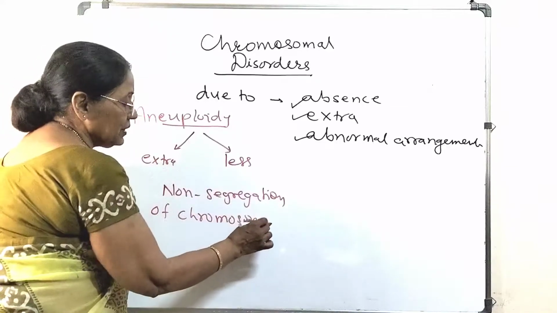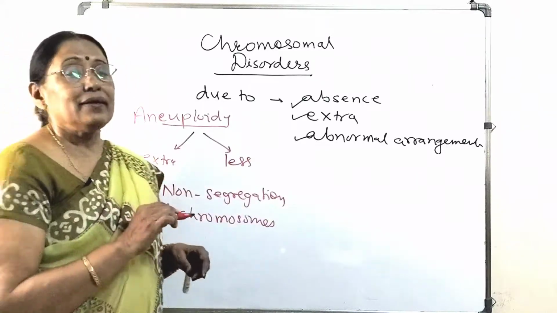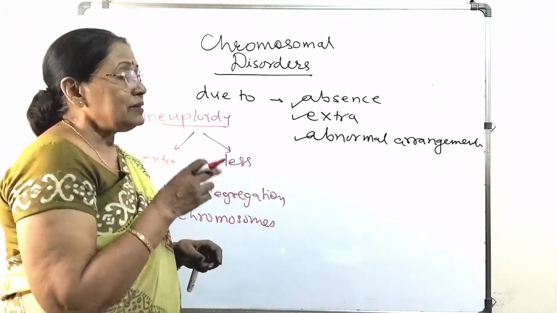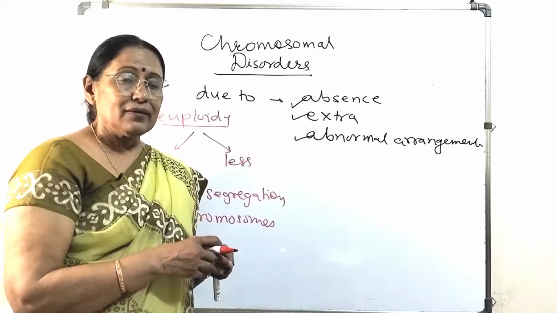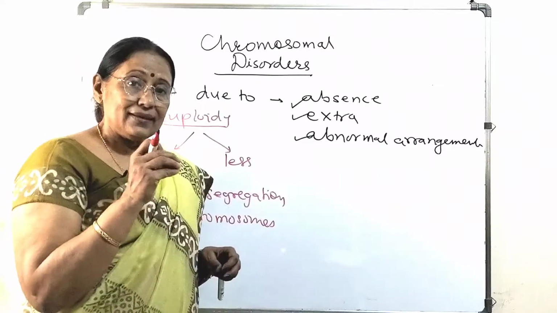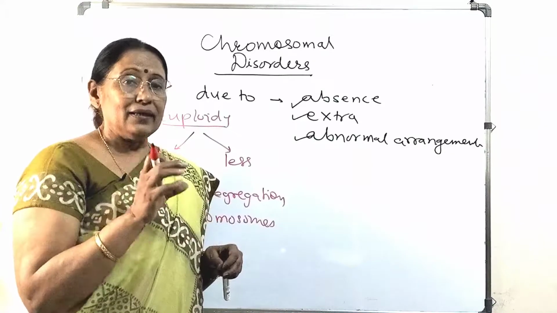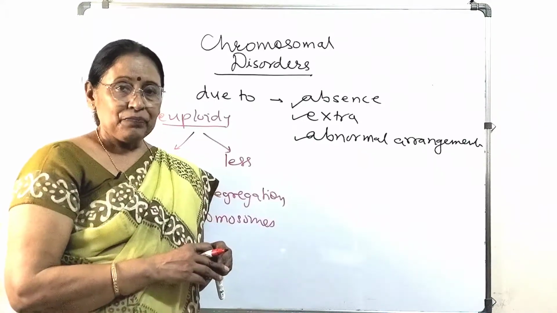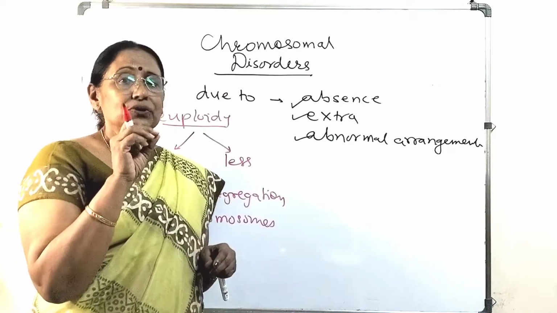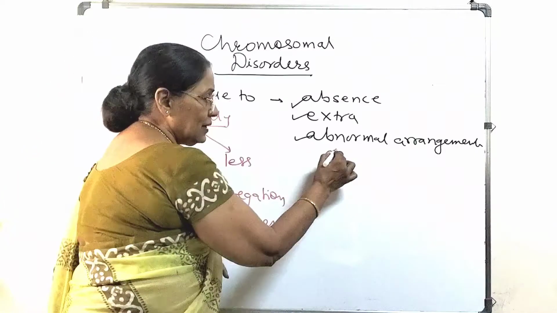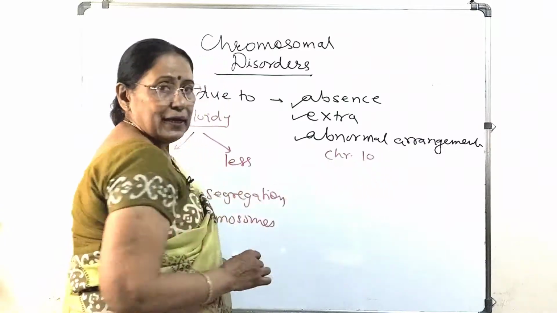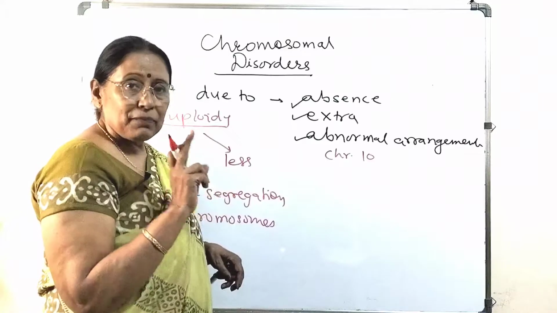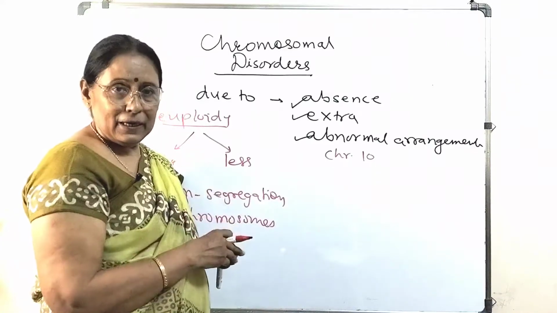during cell division. You have studied in monohybrid cross and dihybrid cross that the two alleles separate. The alleles are present on a pair of homologous chromosomes. So suppose we take chromosome number 10. Each cell has chromosome number 10 in a pair, one paternal and one maternal.